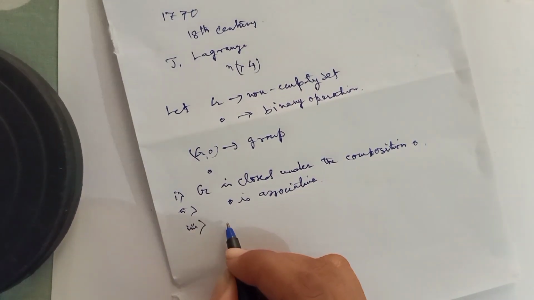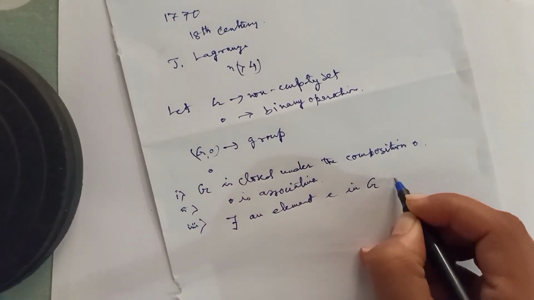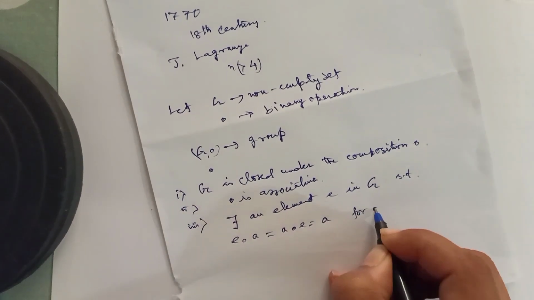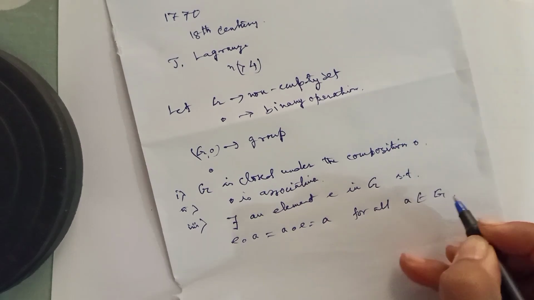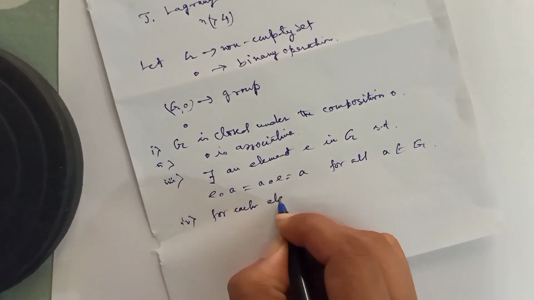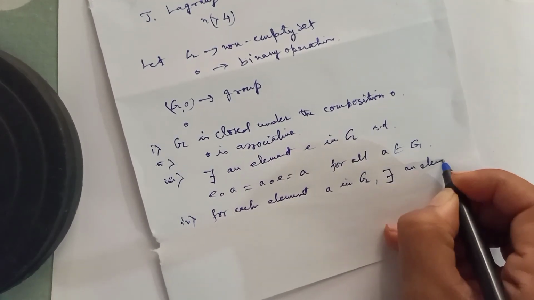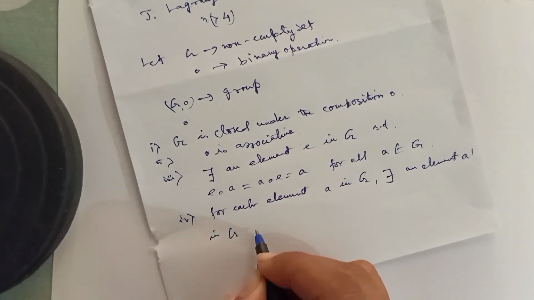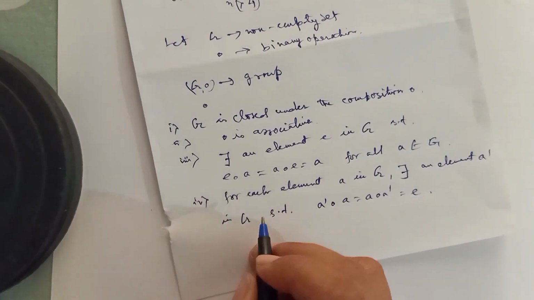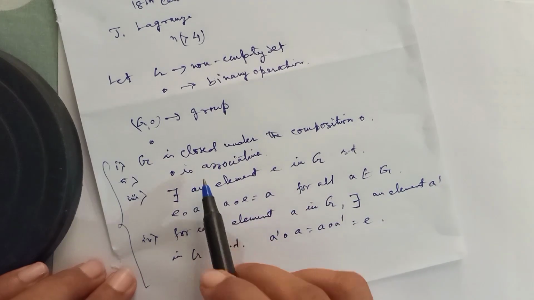Third is there exists an element E in G such that E compose A equals A compose E equals A for all A in G. And the last or fourth property is for each element A in G there exists an element A dash in G such that A dash compose A equals A compose A dash equals E. So these are the main properties of a group.